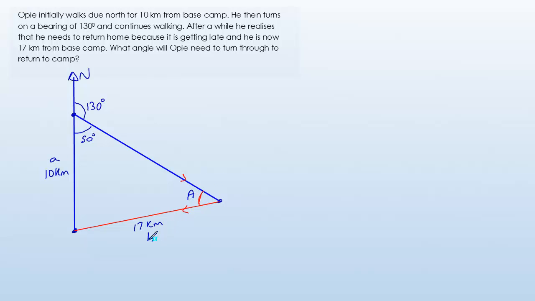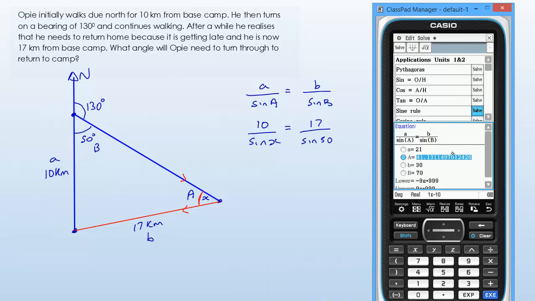And then I'll call this one B, and this one's B. And what do we get? a over sine A is equal to b over sine B. Substitute in what we know, so we've got 10 over sine, let's call it X, and that's going to be 17 over sine 50, and I'm going to use the activity, and I'm already on that activity, so that's quite nice.